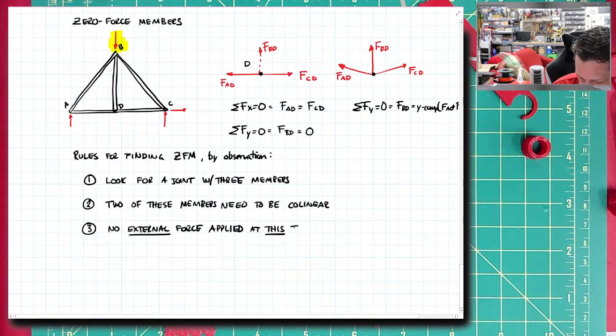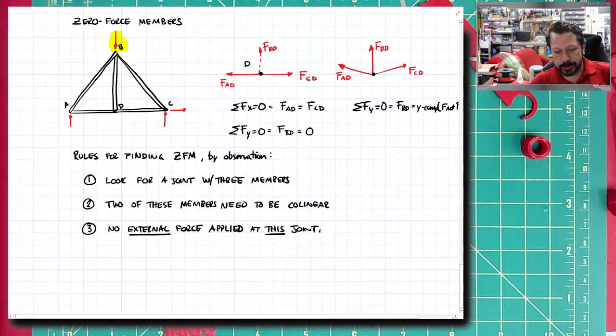So at D, there's no external force at D. Now, if you look at the member BD, yes, at the other end, at B, there is an external force. But at D, the one I'm observing right now, there's no external force. There's only the internal forces AD, BD, and CD.